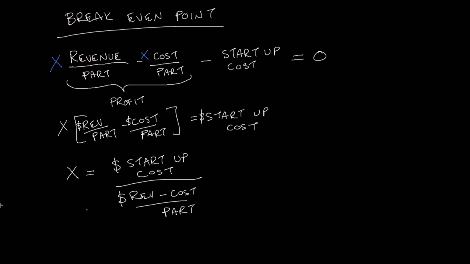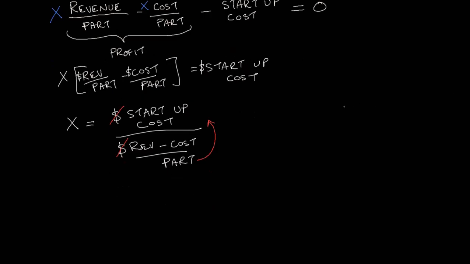A neat thing happens here: you can switch to red, and cancel the dollar signs. And then the part, because it's in the denominator of the denominator, the unit of the denominator always goes up into the numerator. That goes up there. So we can neatly write this formula like this.